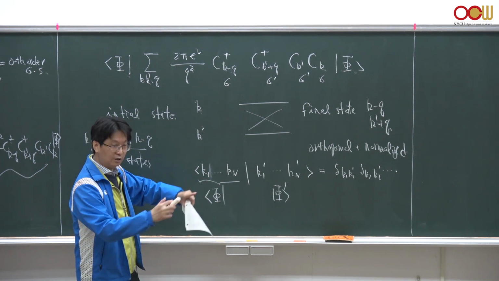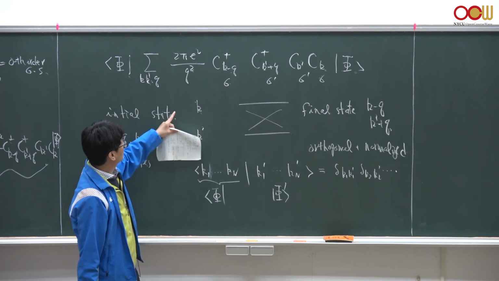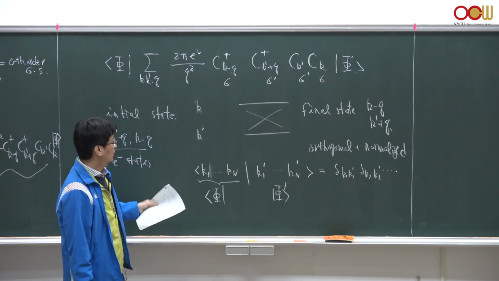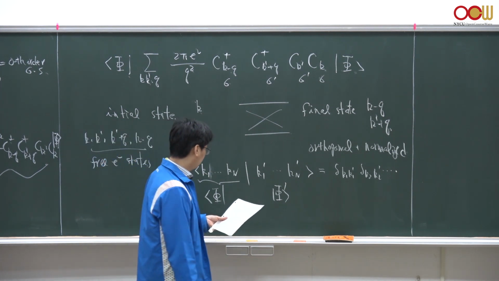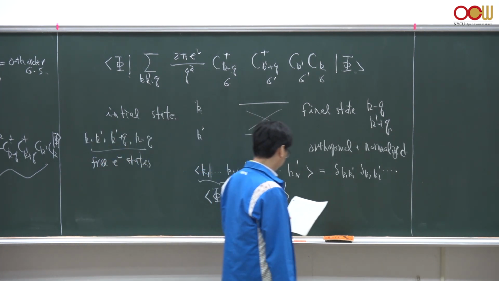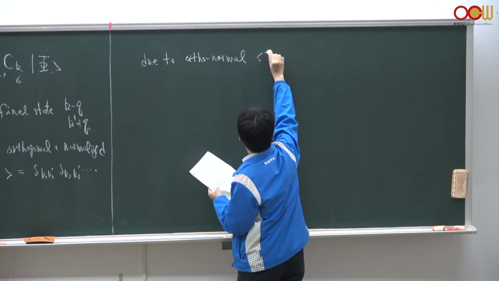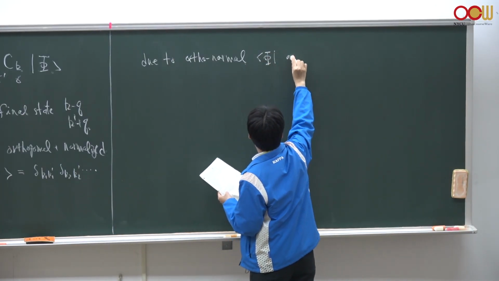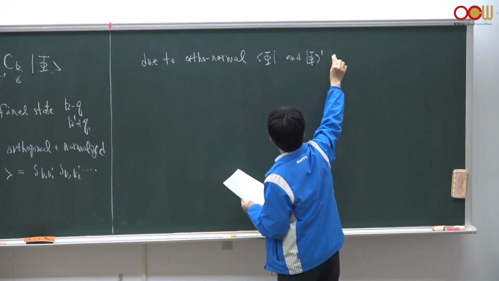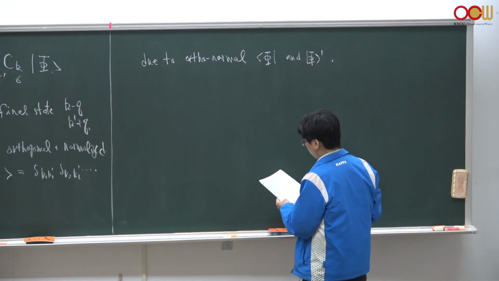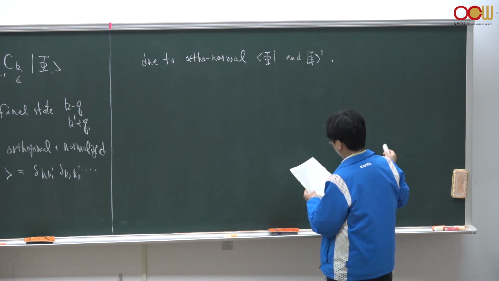But they have the orthogonal normalization conditions, so we need to make sure that the initial states and final states are the same. Because of orthonormality between phi and phi prime, the initial and final states have to be the same.